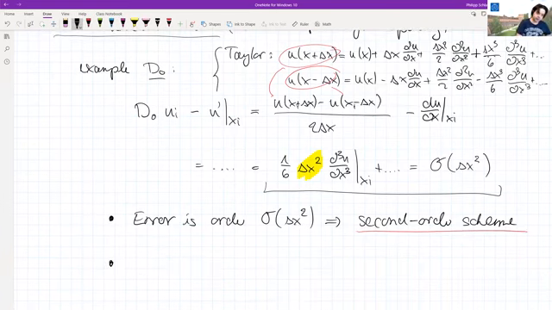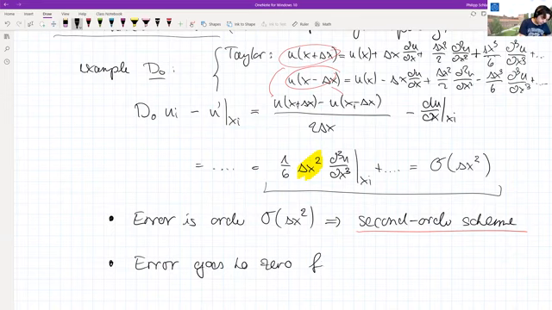And the other observation, which is even more important later on when we talk about that, is that the error actually goes to 0 for delta x going to 0 as well. So the smaller delta x is, the smaller the error becomes.